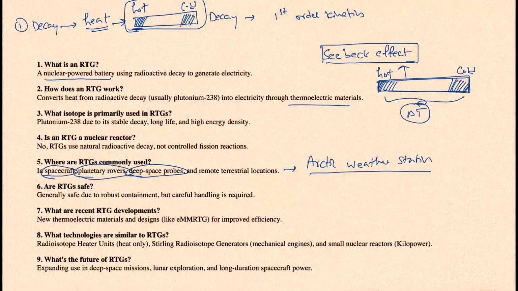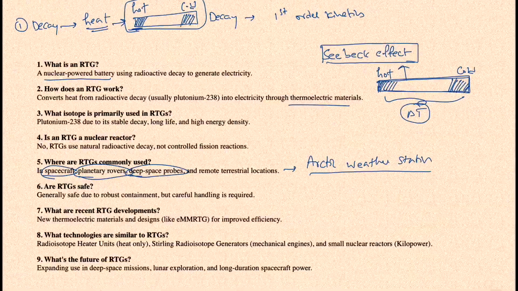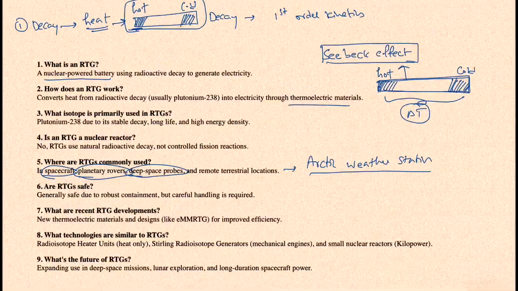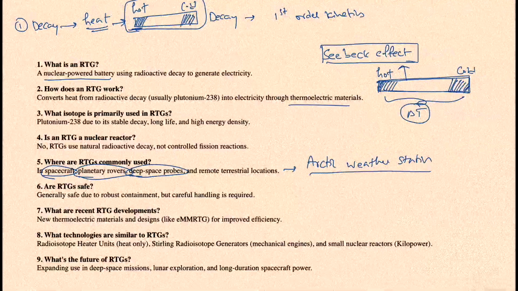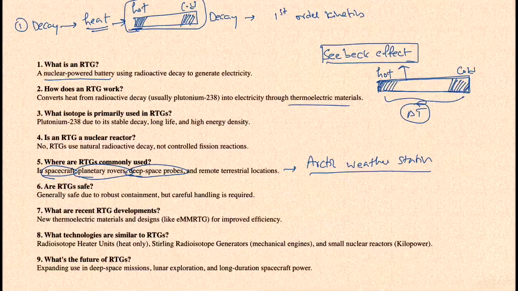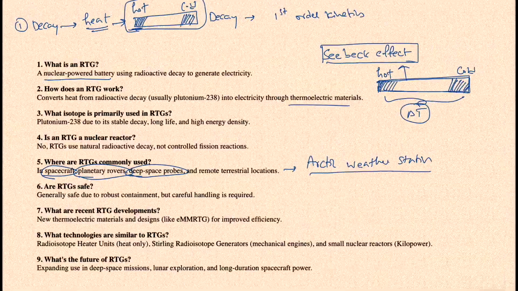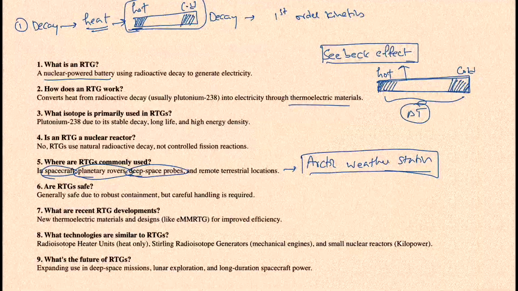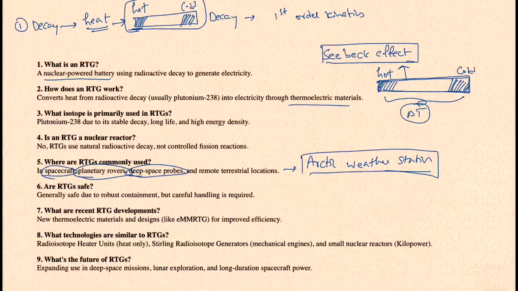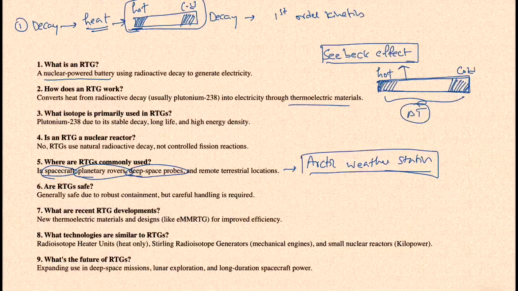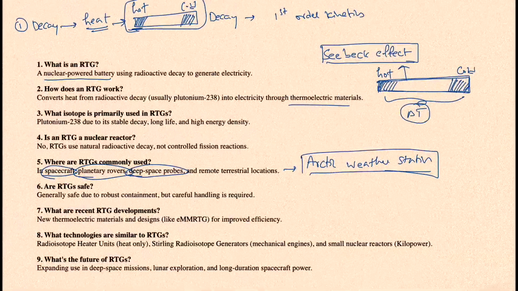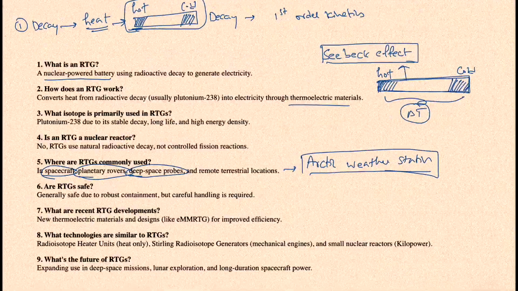In such remote areas, it is difficult for us to go and change the battery frequently for any kind of equipment. So, in these areas, we usually use this kind of battery system. But currently, it is mostly confined to space technologies.